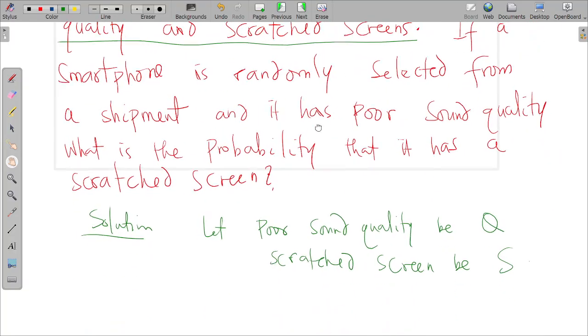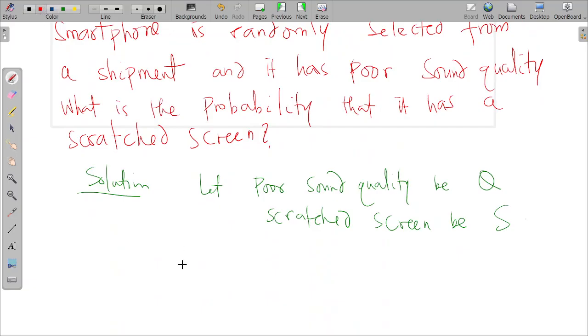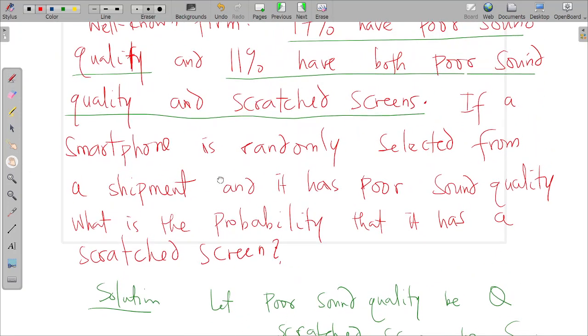So they are giving the probability of Q intersect S is already 11%, which is 0.11. Okay, that's the probability.